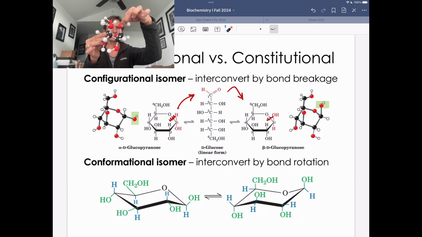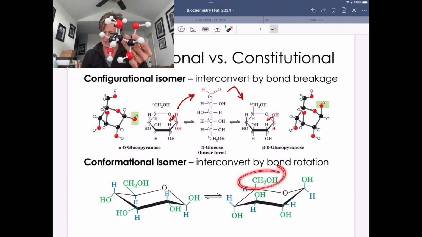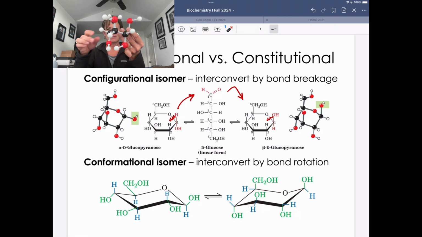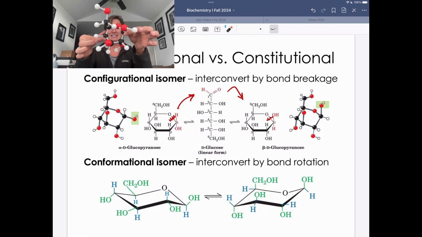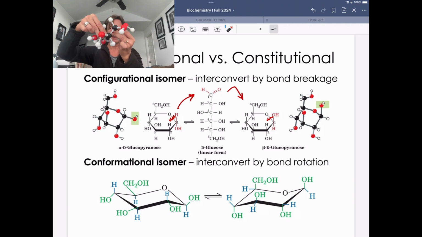All of my bulky groups went to axial positions, okay? You can see that very simply with the chair that we have drawn, but you probably can see it even more dramatically when I look at my model. Let me flip back here. Okay, so all I did was rotate my chair.